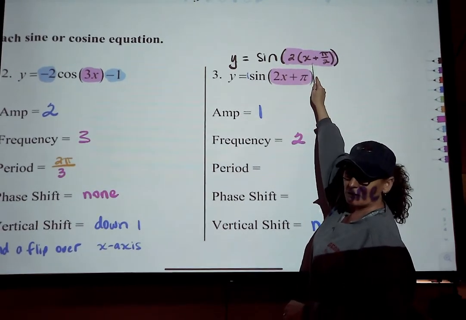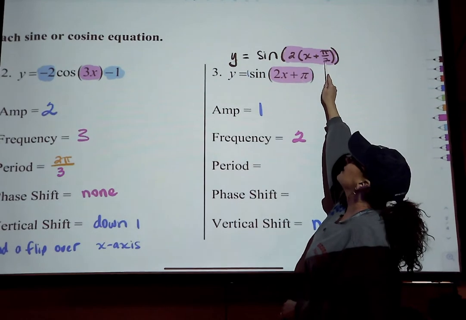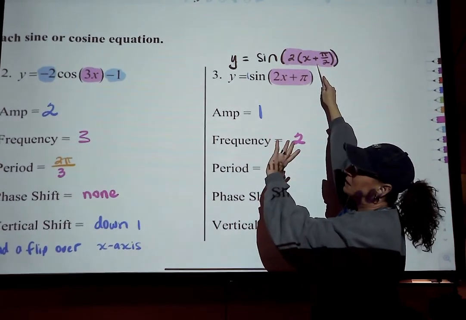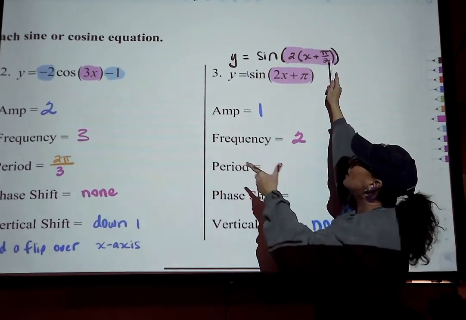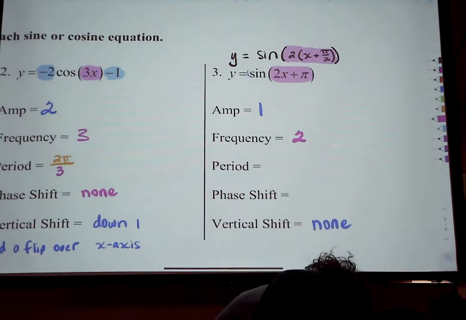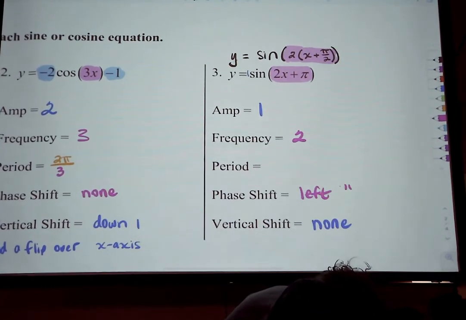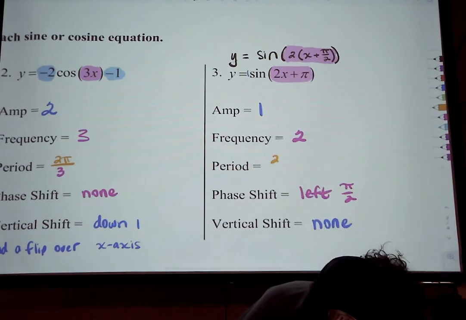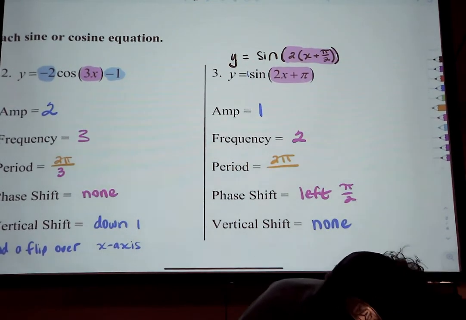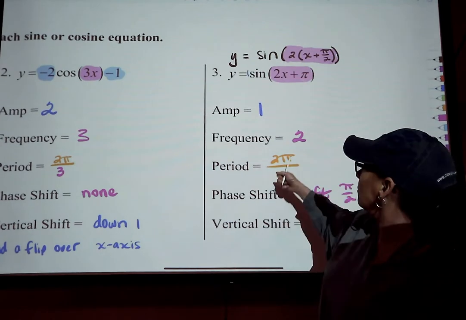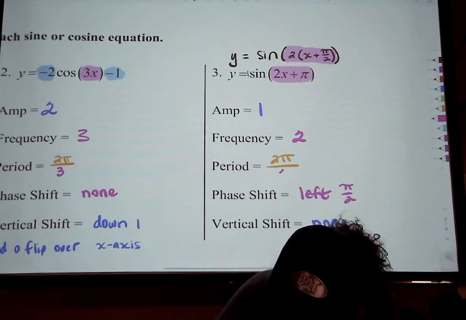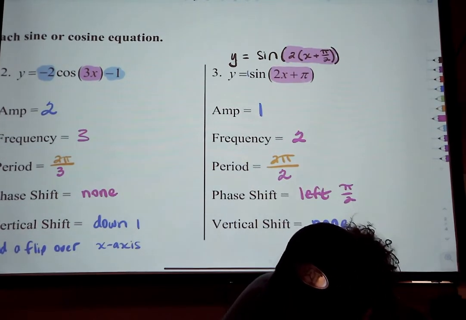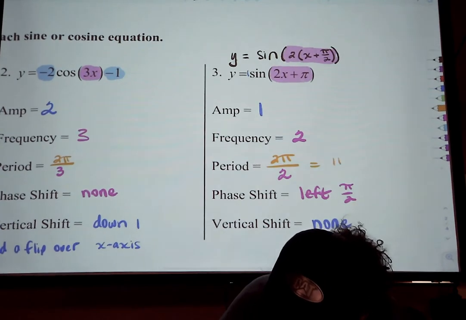You factored it so that you can answer the questions. So phase shift is going to be left, pi over 2. Now let's figure period. Period is 2 pi over b. What was b? We wrote it right there, which is just pi.